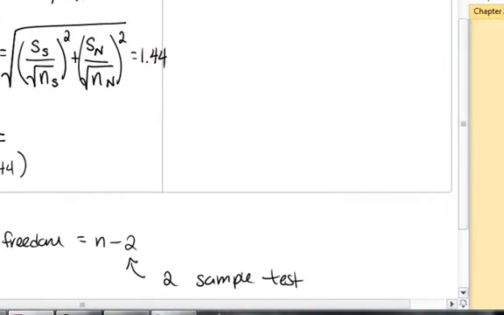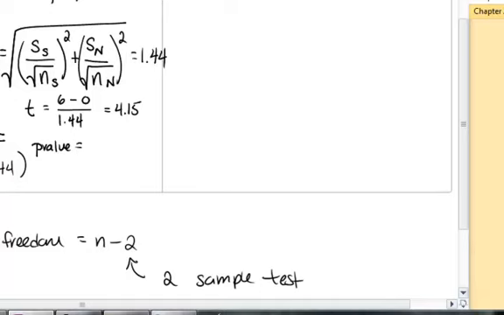So we're going to calculate our t-score by taking 6 minus 0 over 1.44, and we will get a t-score of 4.15. And then to get our p-value, that's the probability of being 4.15 standard deviations above the mean or below.